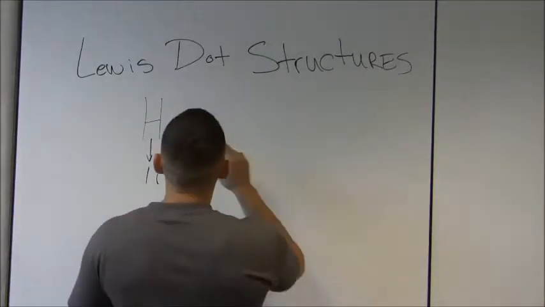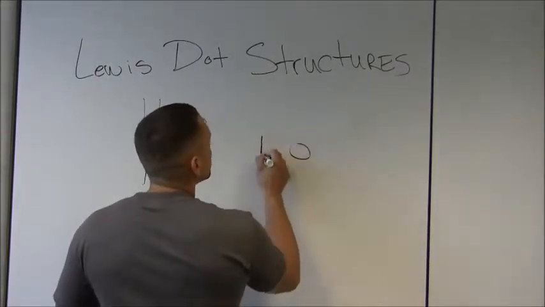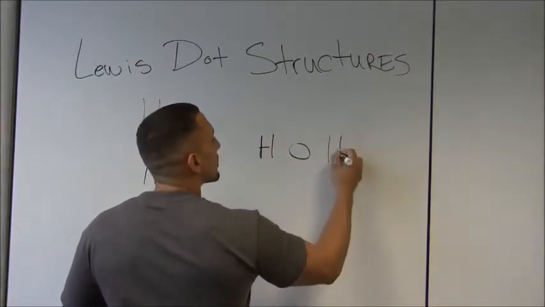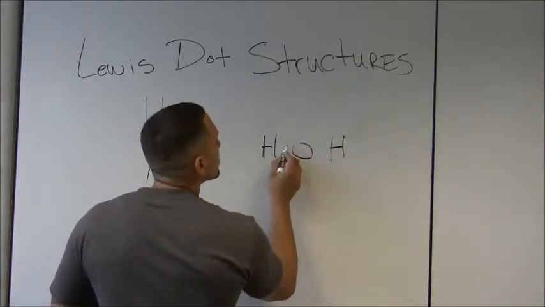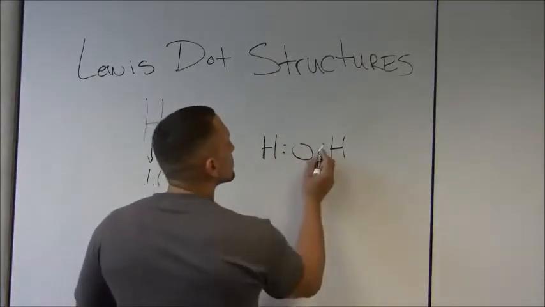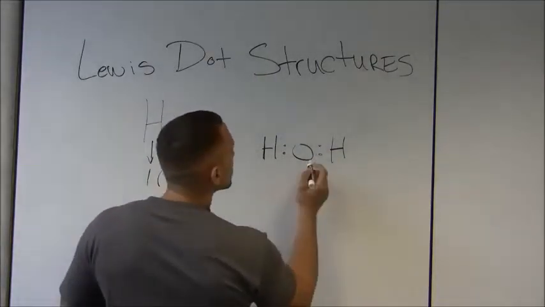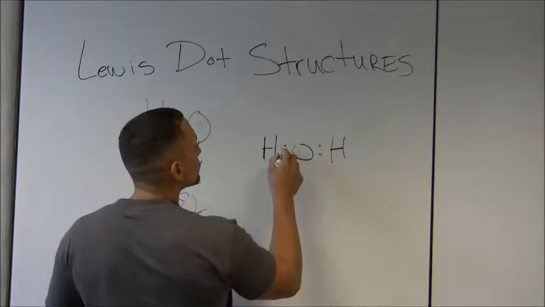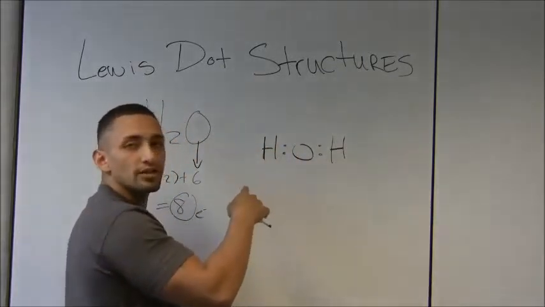Alright, so oxygen always goes in the middle, and hydrogen goes on the sides. We put 2 electrons right here to make a connection between hydrogen and oxygen, and those 2 electrons complete the outer shell for hydrogen.